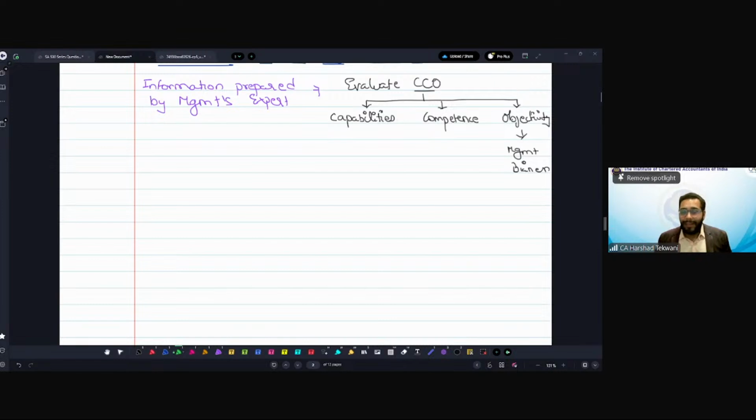They can pressurize the expert to prepare the working in the way they want. So management bias plus management override of controls will give us clarity on the accuracy and how much reliance we can place on this. That's why understanding the objectivity is very important.